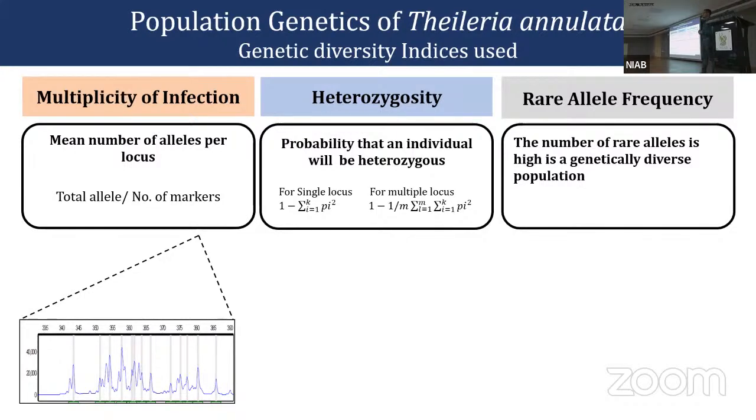For a single clone of a parasite, when you analyze the marker, in the cell line we get a very clear, single band. Even in capillary electrophoresis you get very few bands.